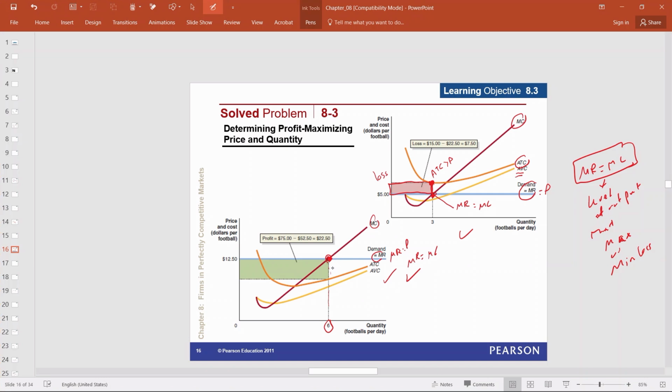Here, where marginal revenue equals marginal cost, we draw a line that hits average total cost. At this point, we see that all this is a profit now. In this case, price, which is marginal revenue, is greater than average total cost, which means profits. So this area is profit.